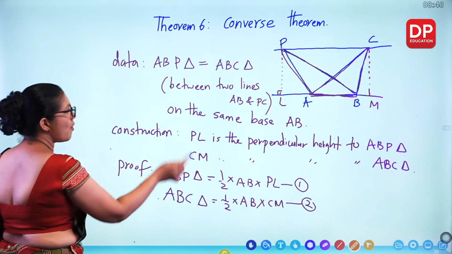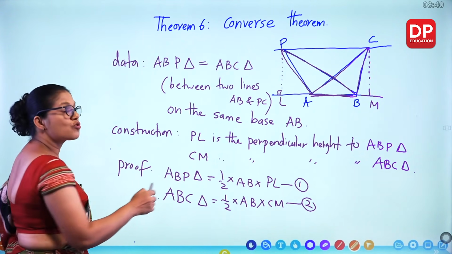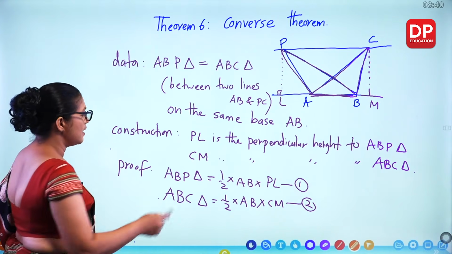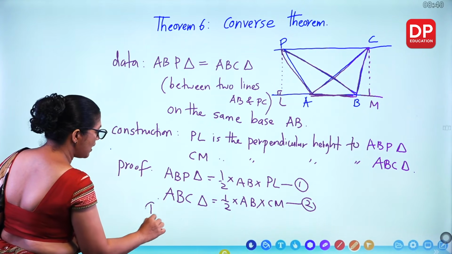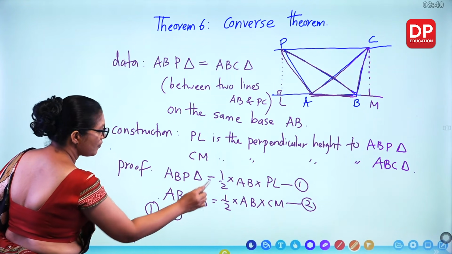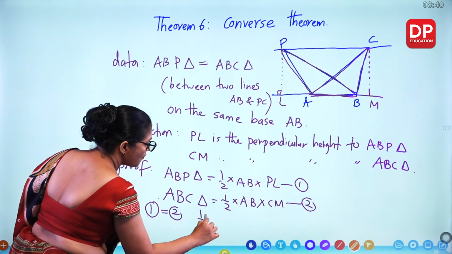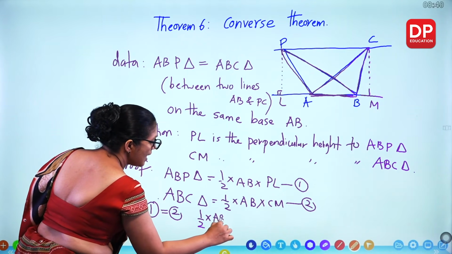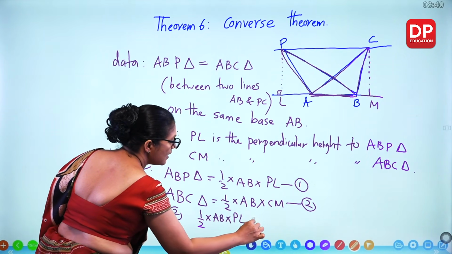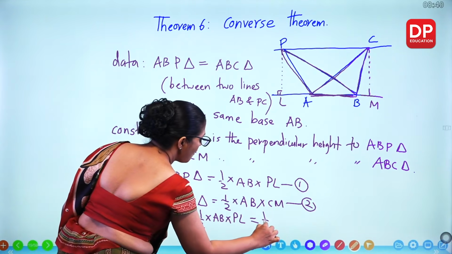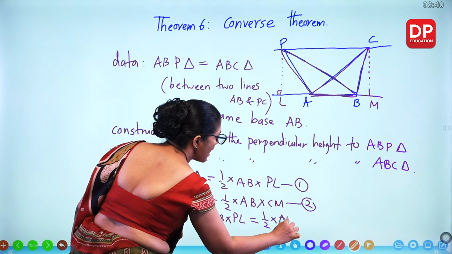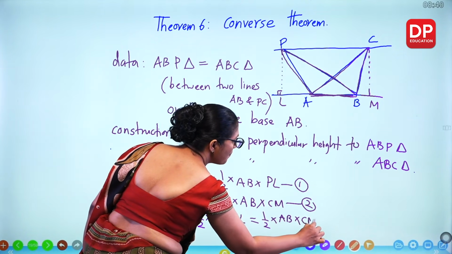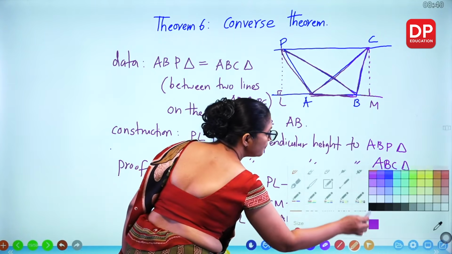But we know from the given data, these two areas are equal. So because 1 and 2 equal, we can say half times AB times PL is equal to half times AB times CM.